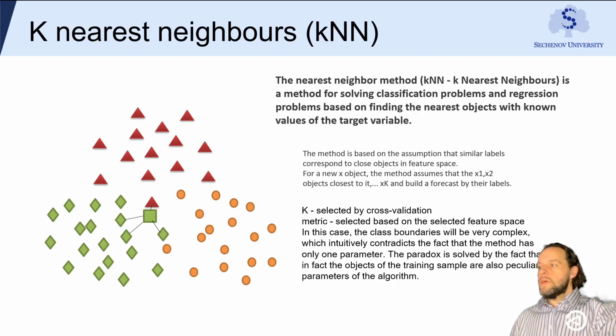So the K nearest neighbors method is a method for solving classification and regression problems based on finding the nearest objects with known values of the target variable.